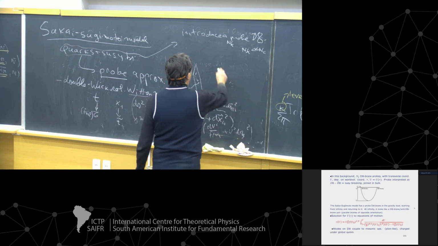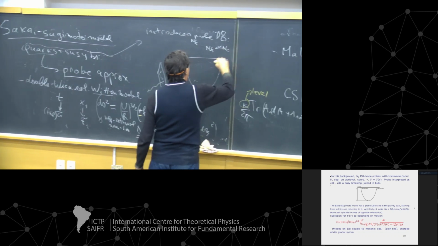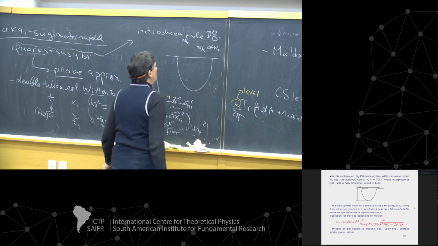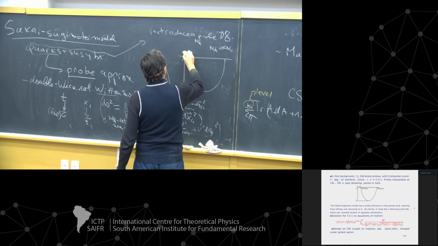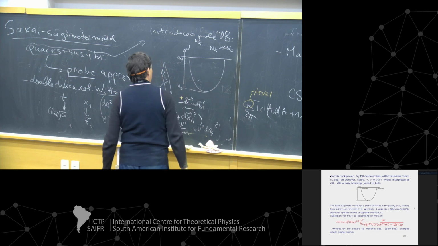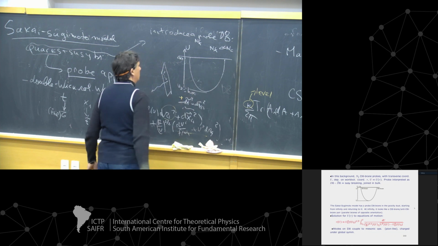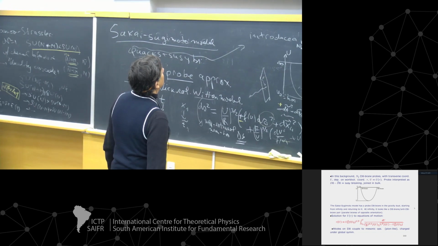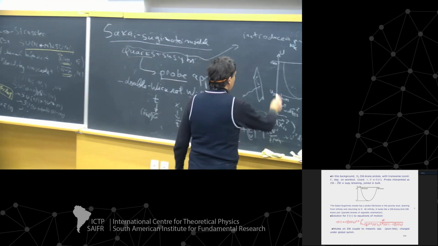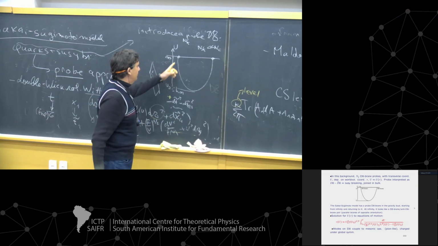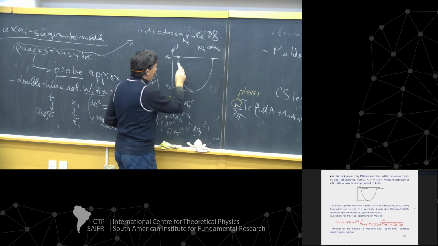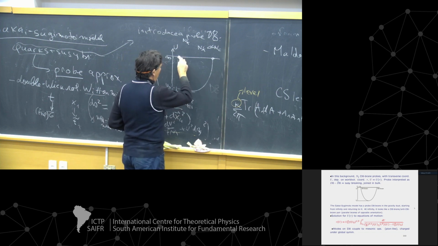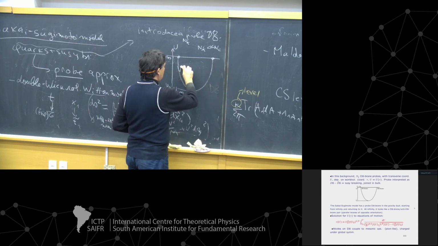And we look for a D8 brane configuration where, if this is the U direction, so this is infinity, and here I have U0, the horizon, I have a D8 brane that starts at the infinity, then goes in, and then goes back out.